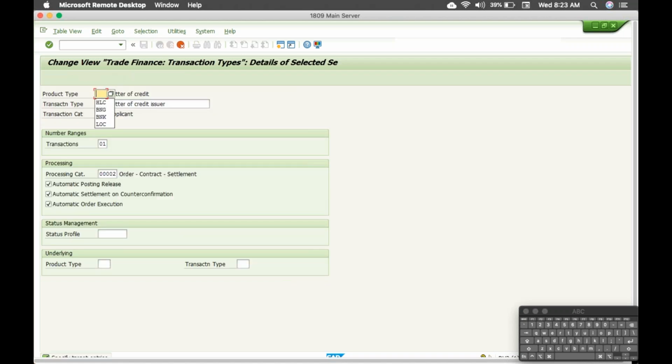Bank guarantee, HBG. So letter of credit, bank guarantee issue. Who is the issuer in this case? Bank. Sorry, bank guarantee should be issued by the bank, right?